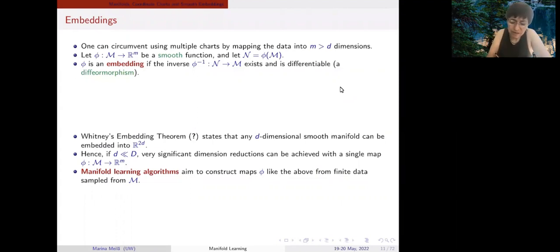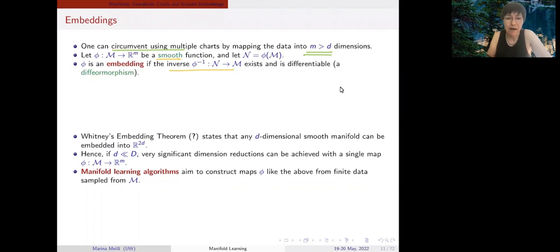One can circumvent the use of multiple charts by mapping, instead of R^D, into some R^m with m larger than D. So we can take a function phi, and this phi is smooth in the sense that it has derivatives of any order we want. We also assume that phi is invertible and its inverse is also smooth.